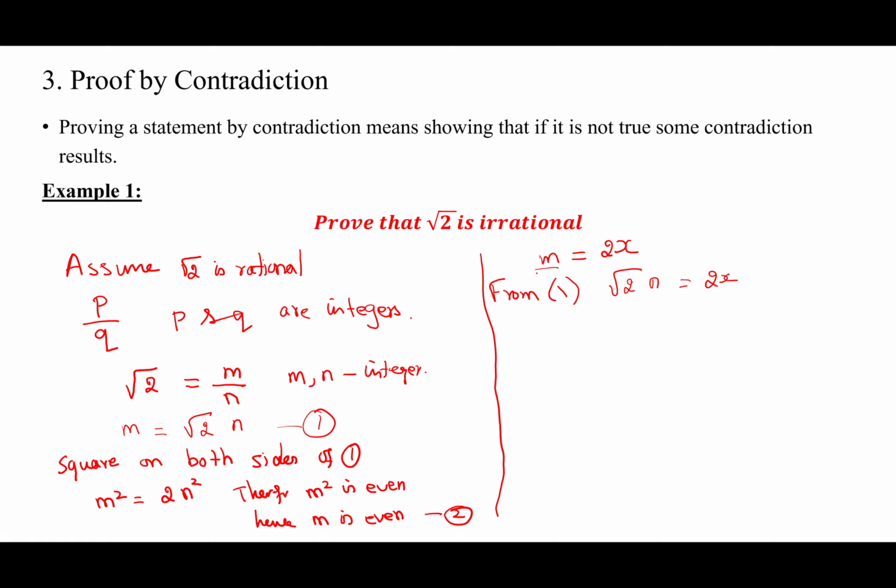So we substitute the value of m here. Then we are squaring both sides.